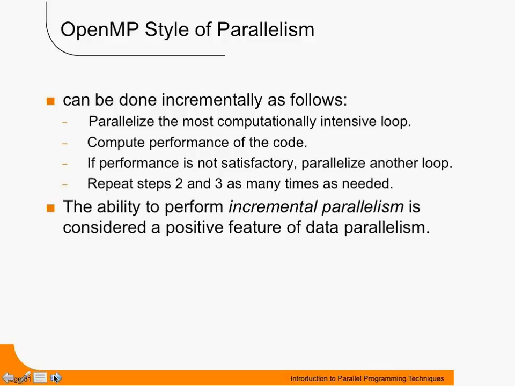I want to mention one more thing about OpenMP. This parallelism can be done on the outer loop: you say, okay, parallelize this outer loop, and then the performance improves.